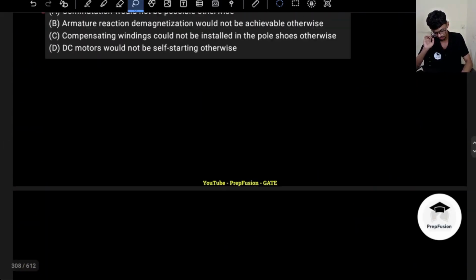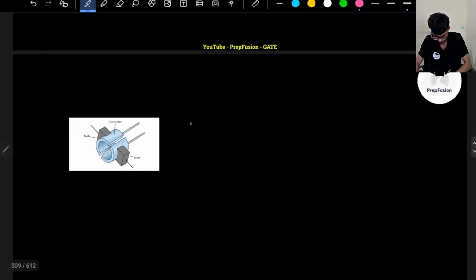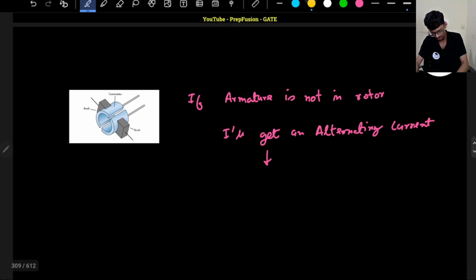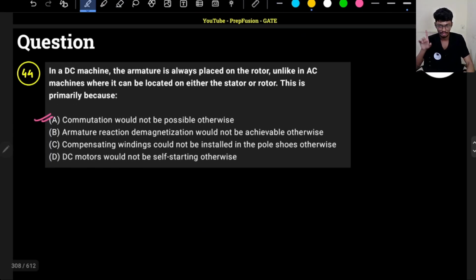If the armature is not in the rotor, I will get an alternating current, which means commutation won't happen. So option A is the correct option here.